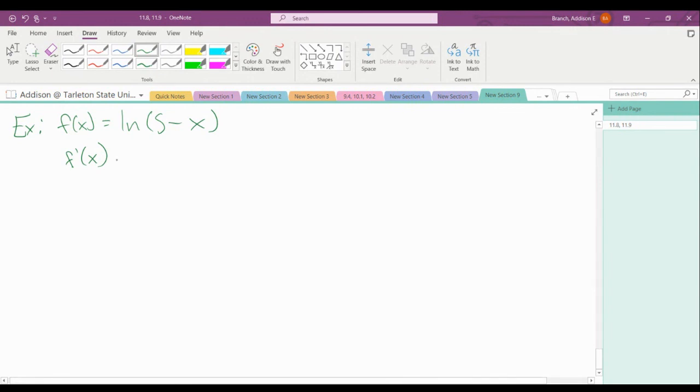So the derivative of 5 minus x is going to be negative 1 over 5 minus x. Now we're in a form where we can get to 1 over 1 minus x.